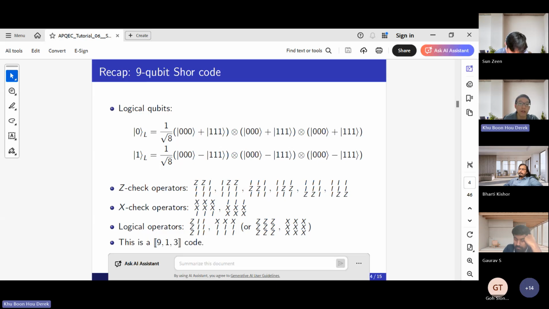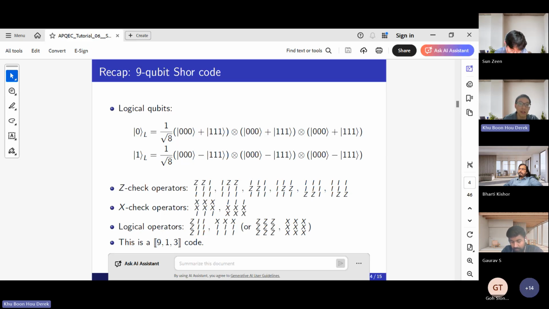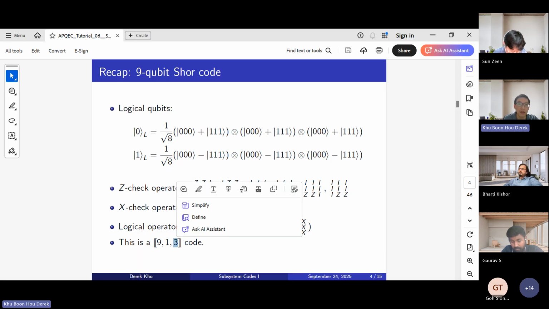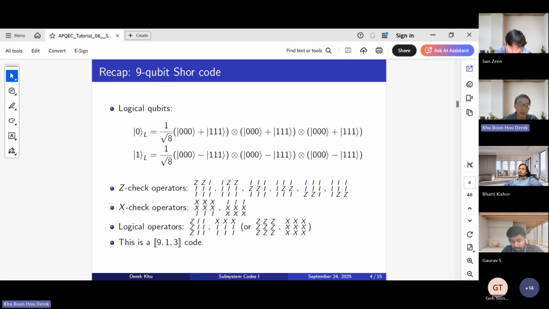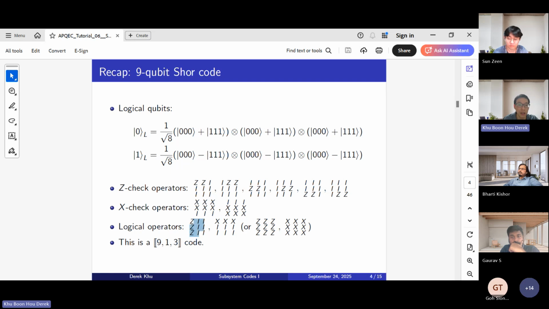And this is a [[9,1,3]] code because there are 9 physical qubits. There's 1 logical qubit because an X and a Z operator together give a logical qubit, and 3 is the distance, because that's the minimum weight of a non-trivial logical operator. So this guy has weight 3 and this guy has weight 3.